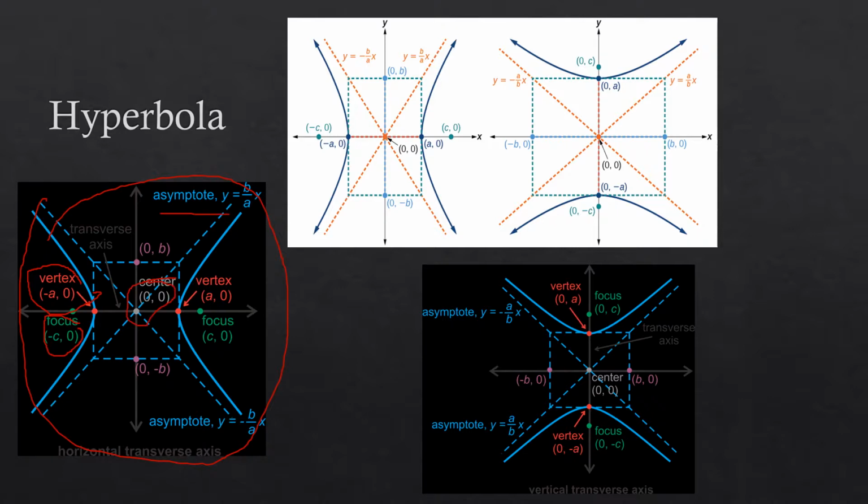And it shows you the equation for the asymptote. And over here is a vertical transverse axis, and it also shows you the vertex, the focus, the center, and the equation for the asymptote.